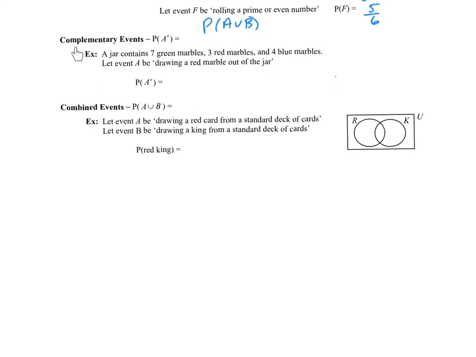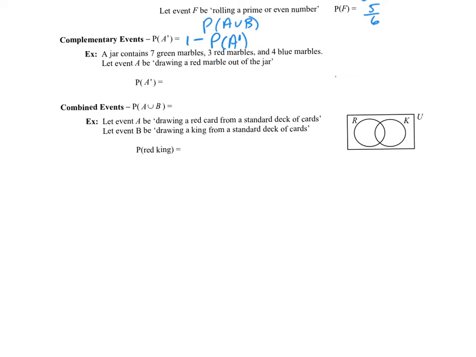So now let's talk about this idea of complementary events. The way we represent that is we call A prime the complementary event. So the probability of that complementary event happening would be 1 minus the probability of A. Okay, so 1 is the probability of it happening with 100% certainty.